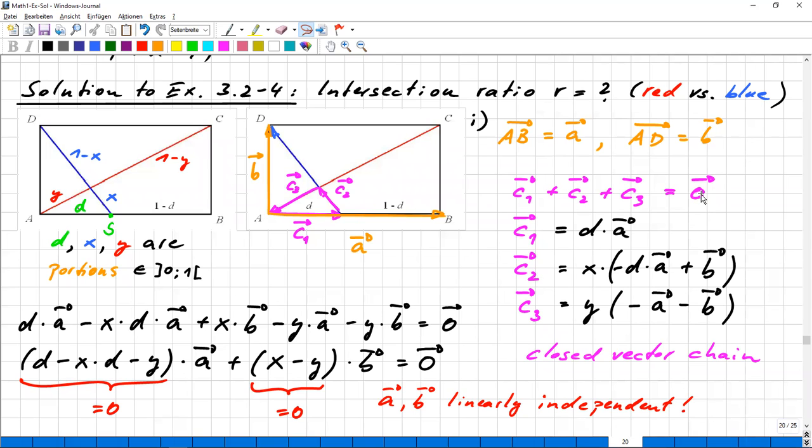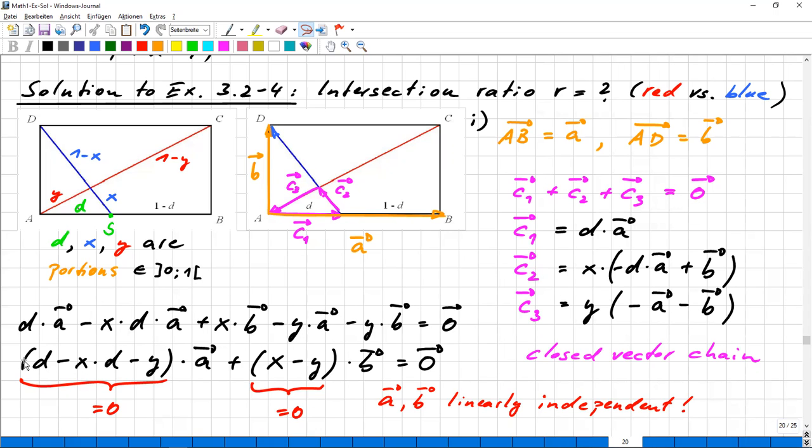But now I rearrange my terms. I bring together all the terms which contain vector a, and put all the factors inside parentheses. You see what I do? d here, then minus x times d next to it, and then also this minus y.